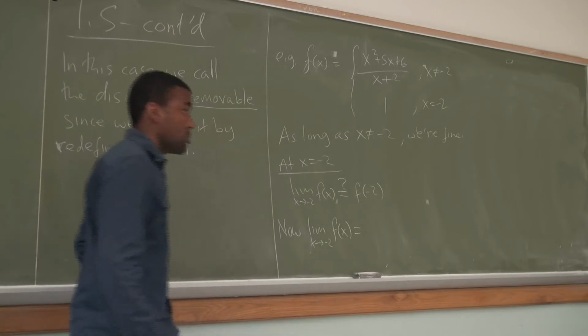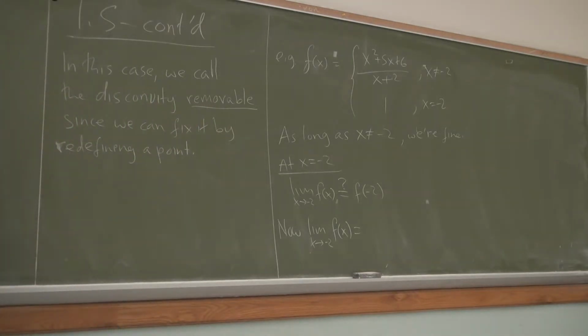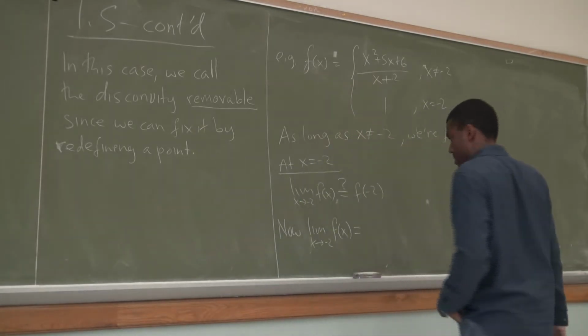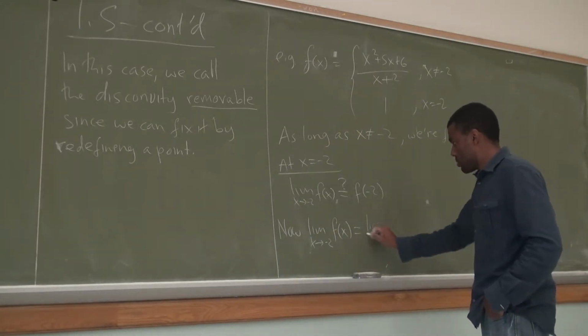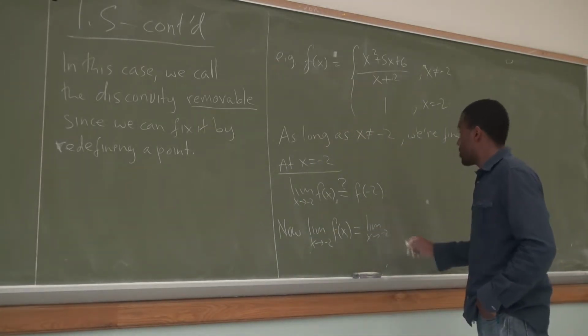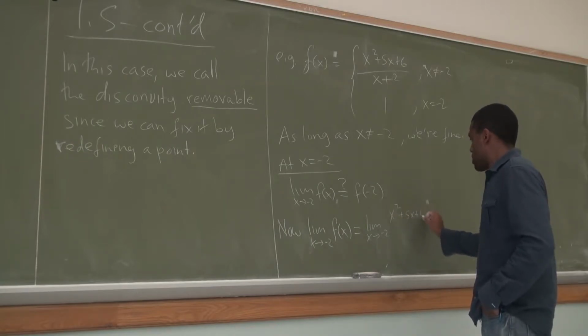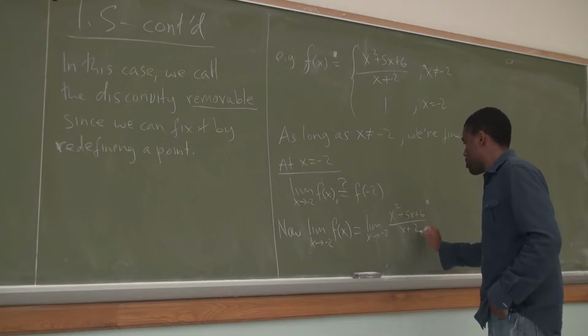All right, what's that equal to? How do you know it's equal to 1? It's just going to be this guy, x squared plus 5x plus 6 over x plus 2.